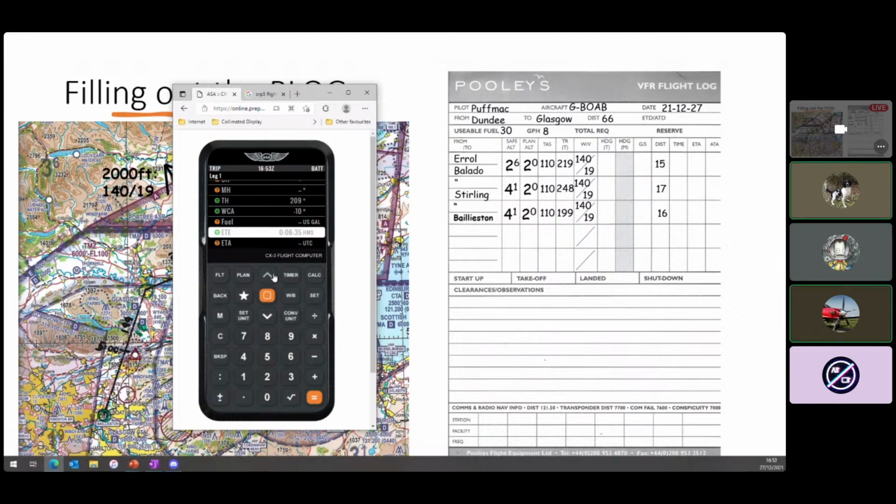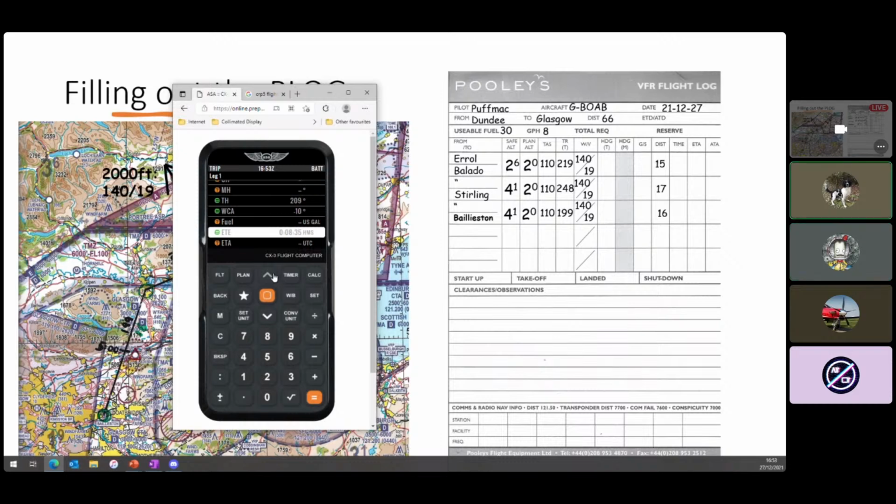We're talking about nautical miles here, not statute miles. Everything here is knots and nautical miles. A knot is a nautical mile per hour, so 60 knots is a nautical mile per minute.